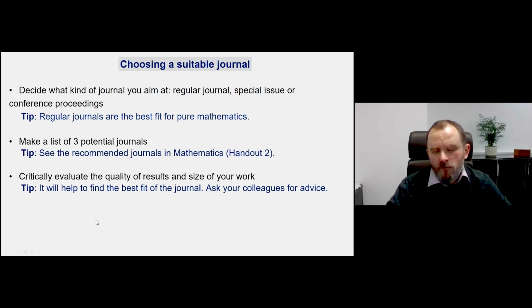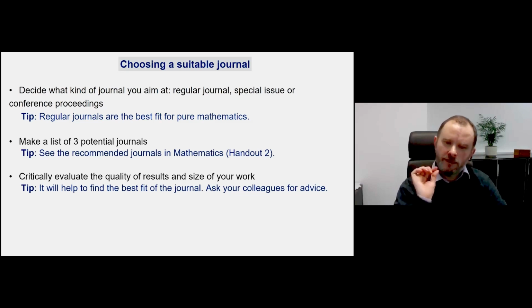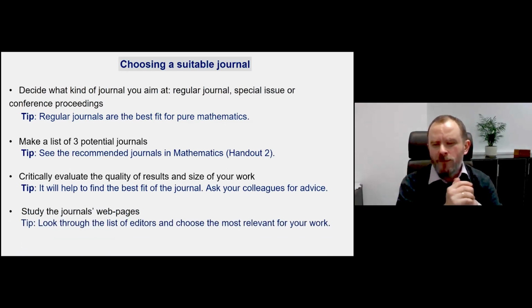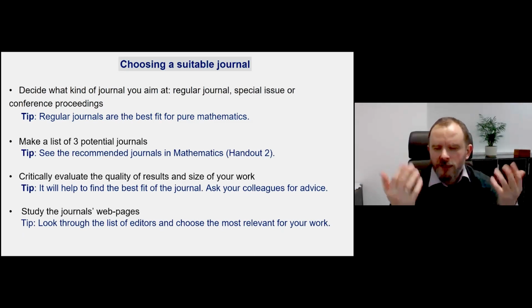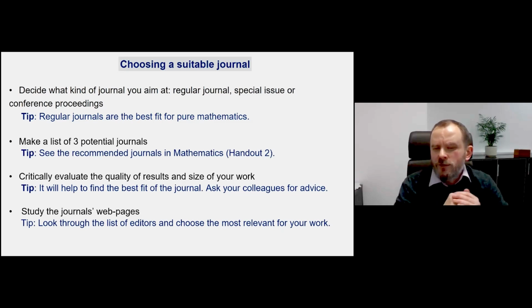If your results are more special, more, how to say, not so prominent, please use other journals and consult your colleagues. Maybe they will give you advice. And one more recommendation, also a journal specialized on size. If your paper is long, say extremely long, 100 pages, then there is a quite restricted list of journals which theoretically publish a paper of such big volume.